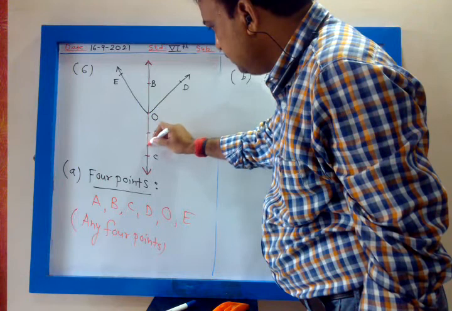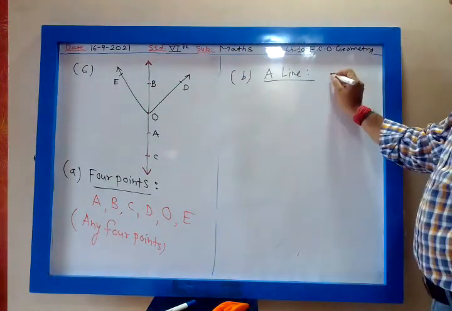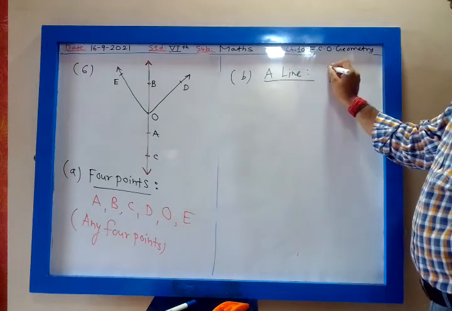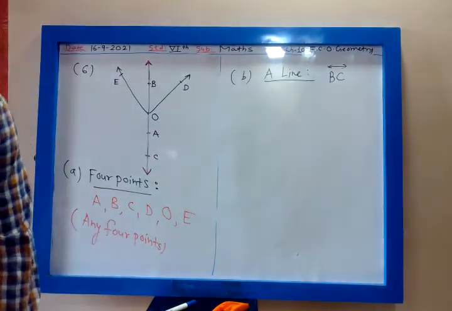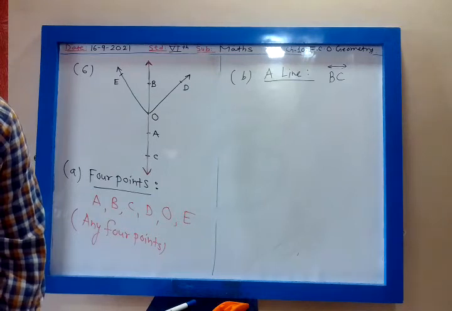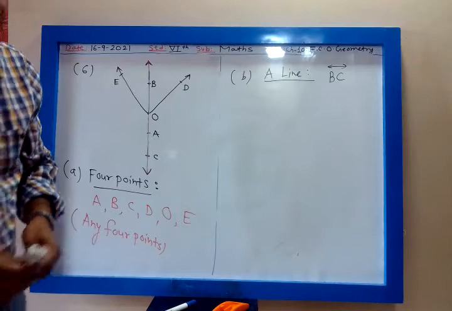Yes. BC is a line. On top of that you will draw these lines. Then 4 rays.